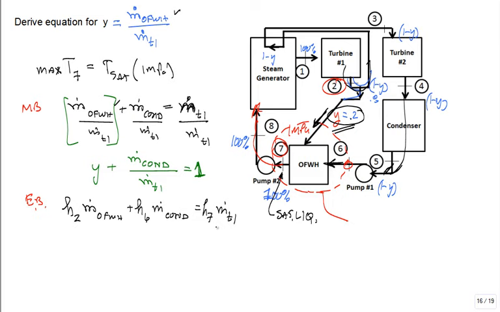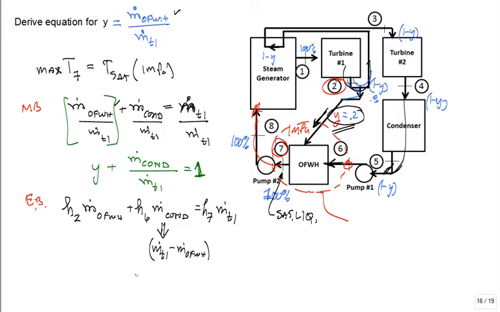Okay. Let's do this. I can do a couple of things at this point for the algebra. I can replace this one by the mass flow rate of the first turbine minus the mass flow rate of the open feed water heater, from the mass balance. Does that make sense?